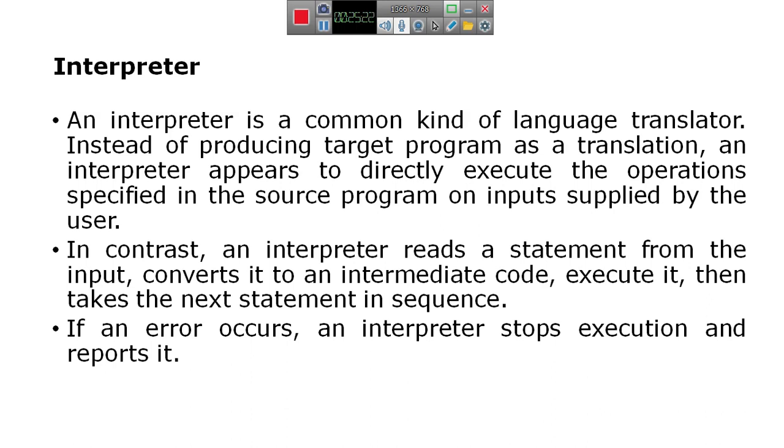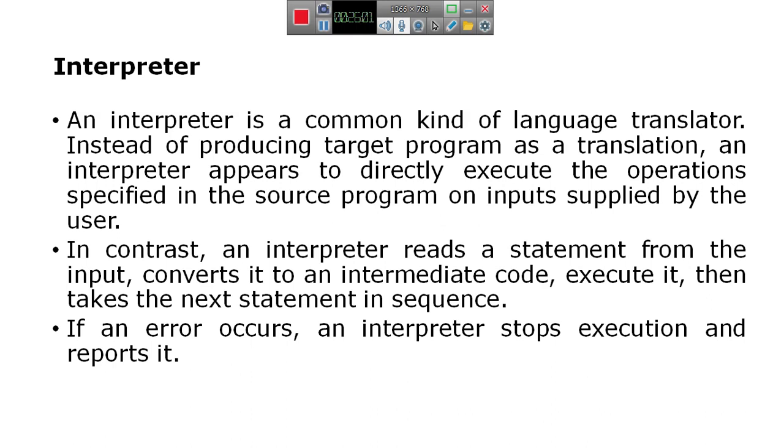If the interpreter encounters any error while translating the program into machine code, then it raises an error. It gives an error message that the statement has errors.